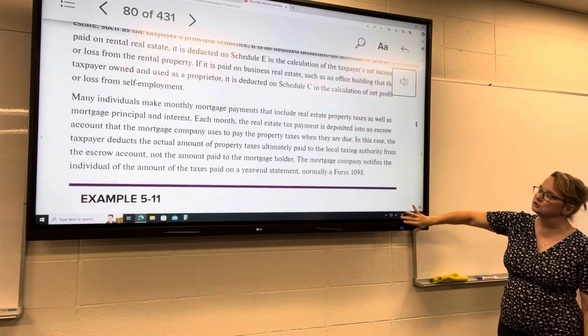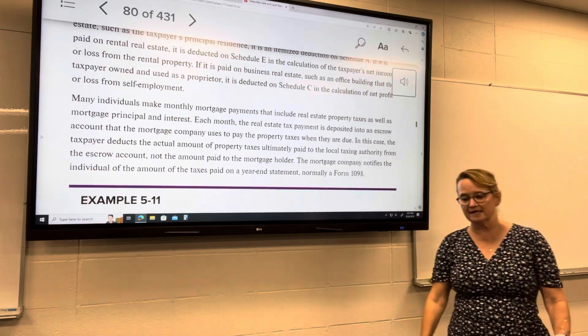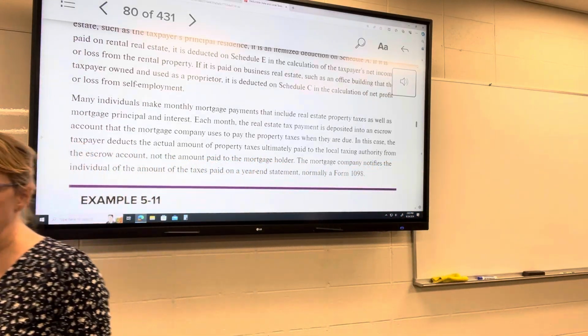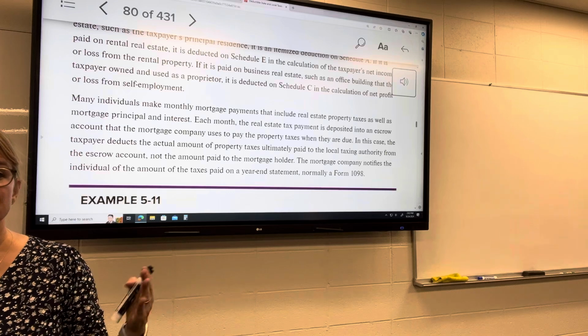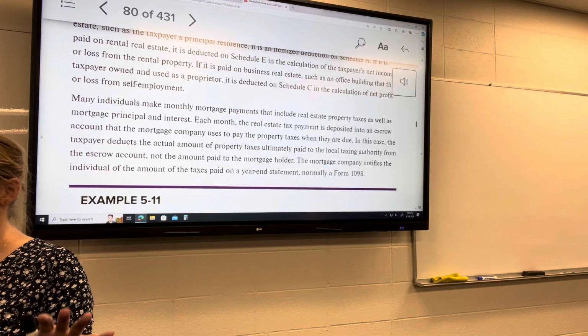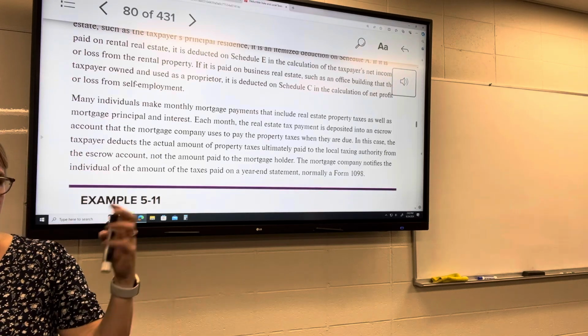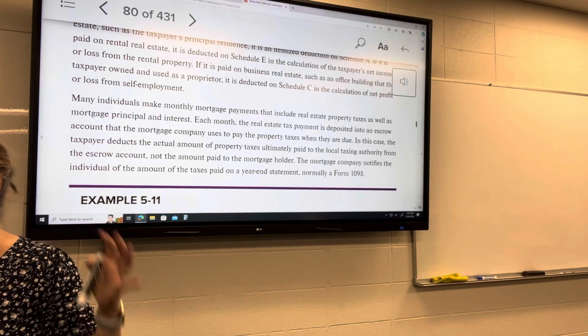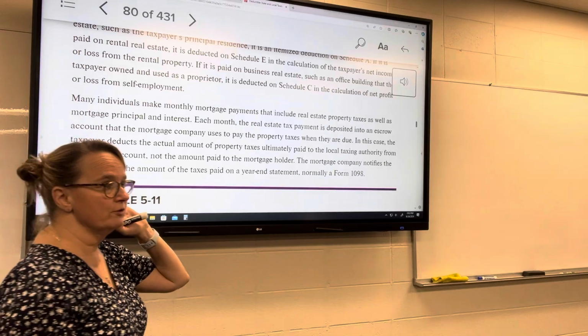So usually what happens with property taxes, a lot of people will pay their property taxes on a monthly basis through their mortgage company. So it's called an escrow account. The mortgage company will collect on a monthly basis the amount that they think is going to be due for those property taxes.